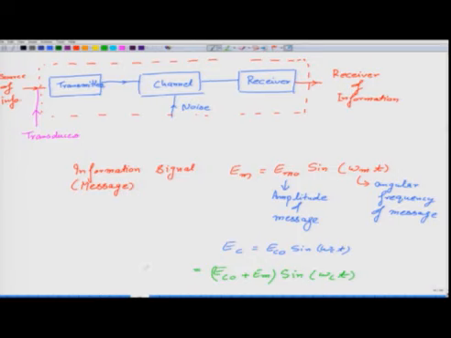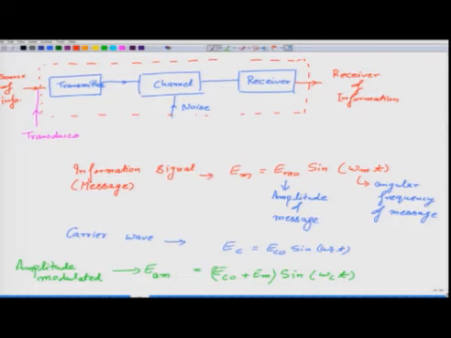The carrier frequency does not change. This is the amplitude modulated wave, this was the carrier wave, and this of course was our message.